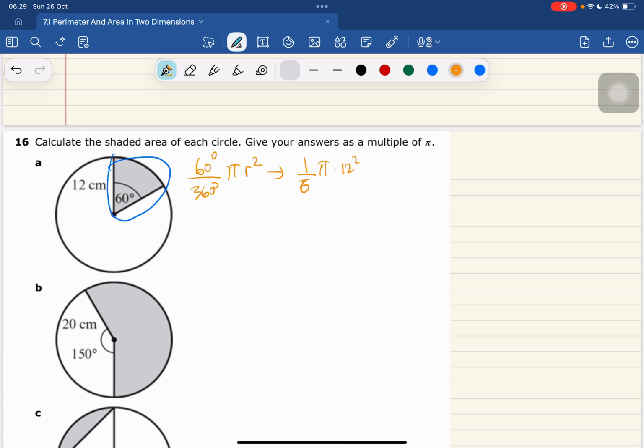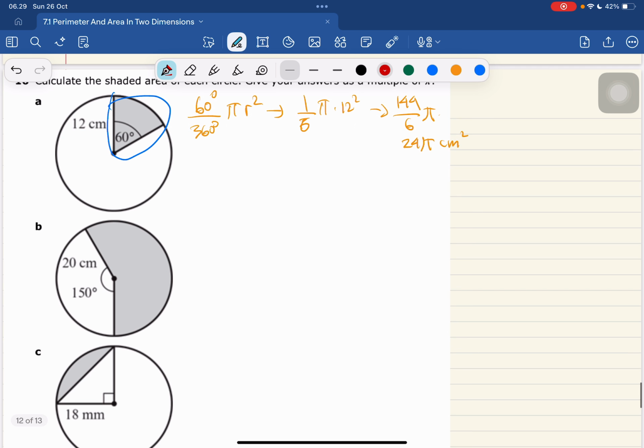So 12 squared is 144. So this is 144/6 pi. We could divide it. 144 divided by 6 is 24 pi centimeter squared. Next, 150.